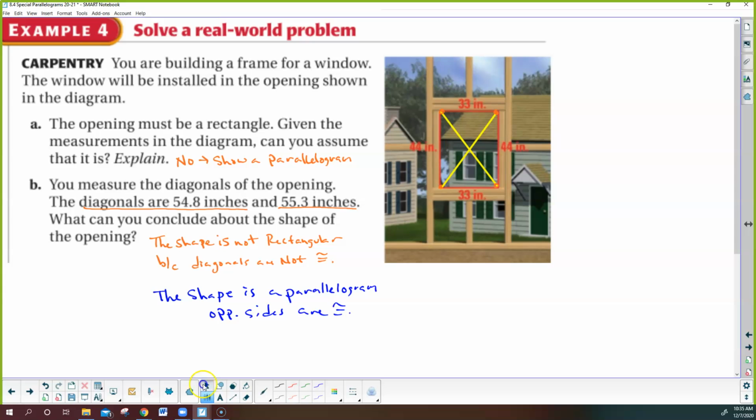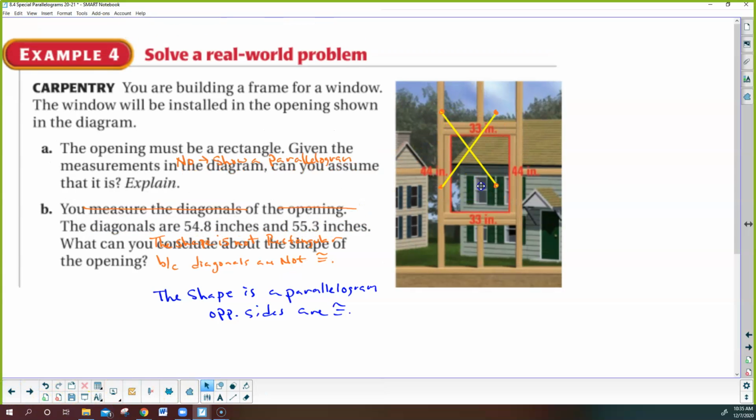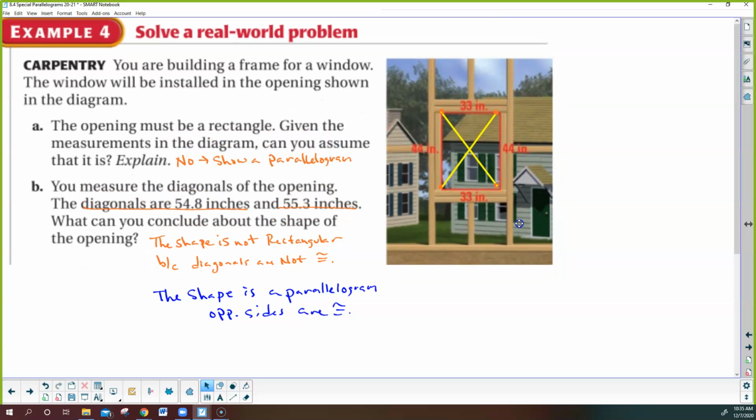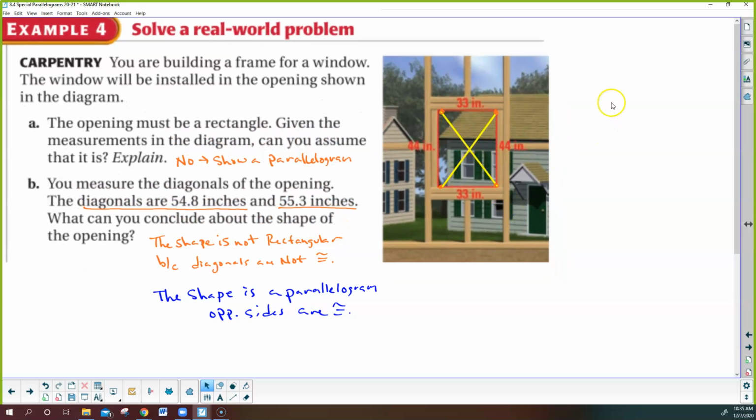Okay, I will let you know, little side note here, I actually used this exact theorem this summer. I was building rectangular concrete slabs in my backyard, and I needed to check that they were congruent. And I did two things. Me being a little bit of a math nerd, I checked that the diagonals were congruent, but I also checked that this was a right triangle.